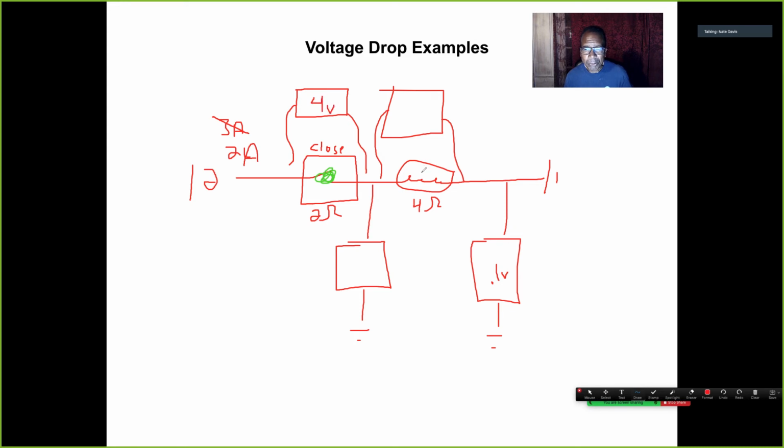So now my load device is 8 volts. 4 ohms, 2 amps is 8 volt drop now. Obviously, this light's not going to work like it's supposed to. And also going to the light would be 8 volts. The ground won't be affected because the problem's on the feed side.